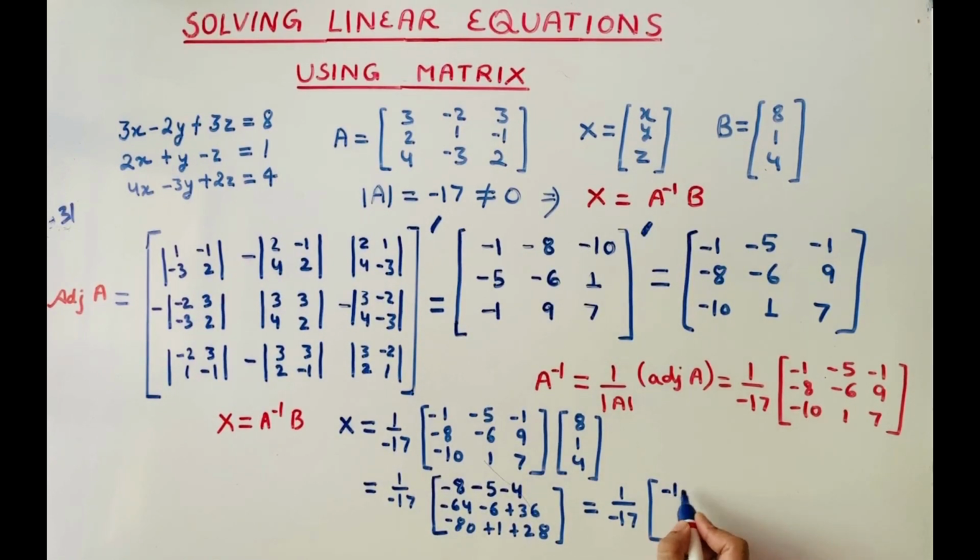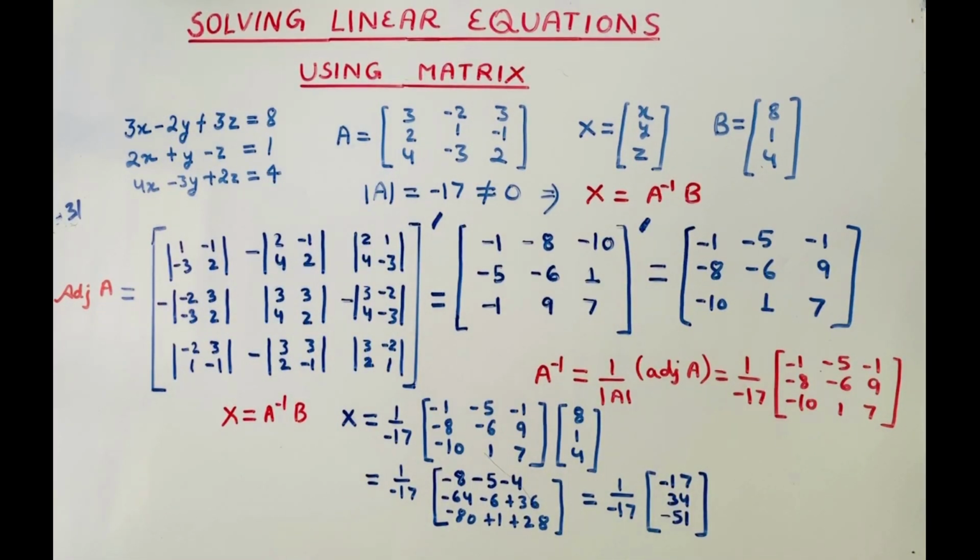So it will be minus 17 in the first row, in the second row we will get 34, and the third row will be minus 51, and now you can simply write this as 1, minus 2 and this one will be 3.